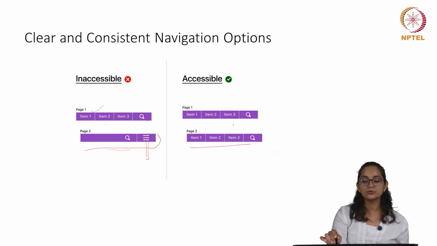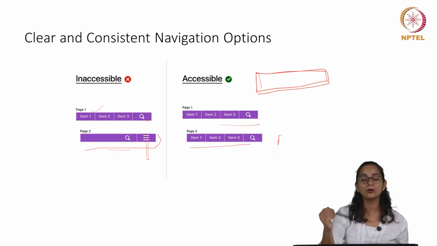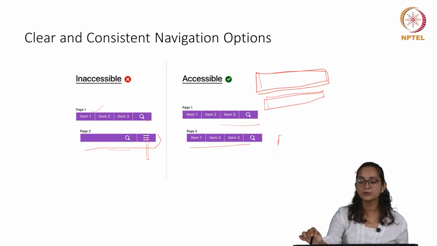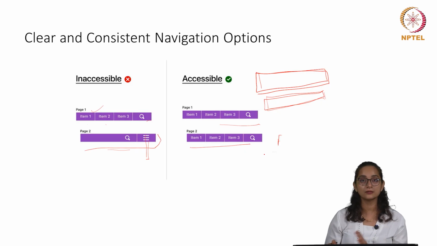The dashboard and some of the fixed items, the navigational tab which is supposed to be on the top, should be consistent, most likely the same, in order to make sure that if there is any further bifurcation of information, you can have a separate tab underneath the main dashboard tab. Otherwise, it will become very difficult for people to keep track of where in the navigation they are currently at.